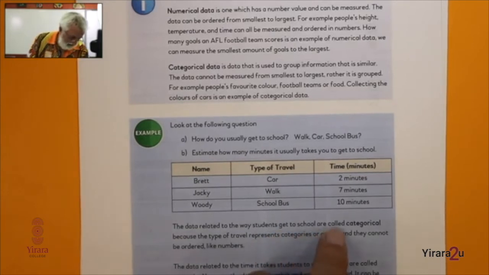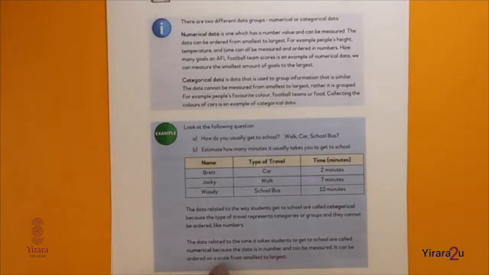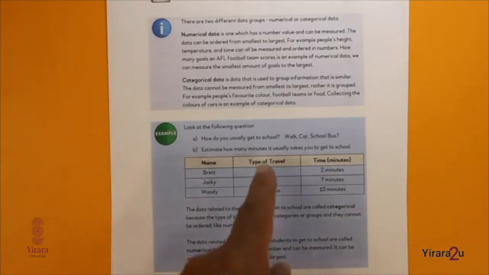The data that relates to the way students get to school is called categorical because the type of travel represents categories or groups and they cannot be ordered like numbers. The data that relates to the time it takes students to get to school is called numerical because the data is a number and can be measured. It can be ordered on a scale from smallest to largest. So down this middle here, they're the categories.